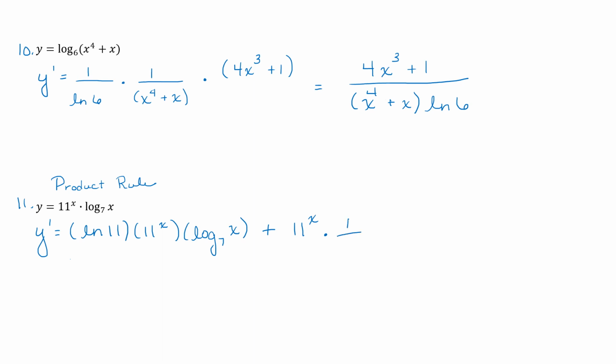So 1 over the natural log of 7 times 1 over x.